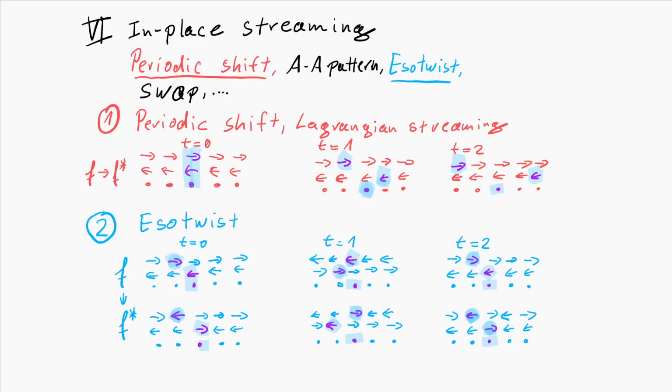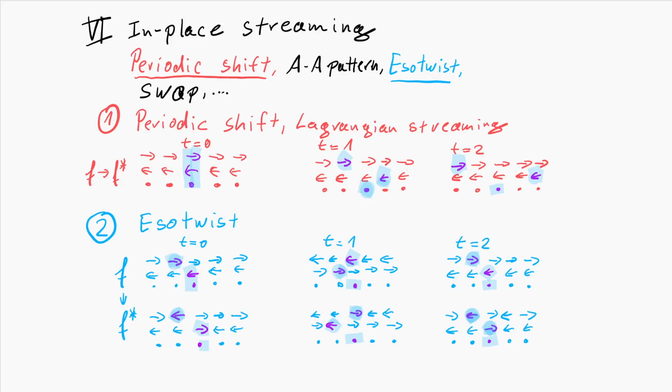and do the same thing again. And so this proceeds on. So the data is moving further and further away, and once it goes out of the range of the array, it simply enters the array from the other side. This is why it's called periodic shift.